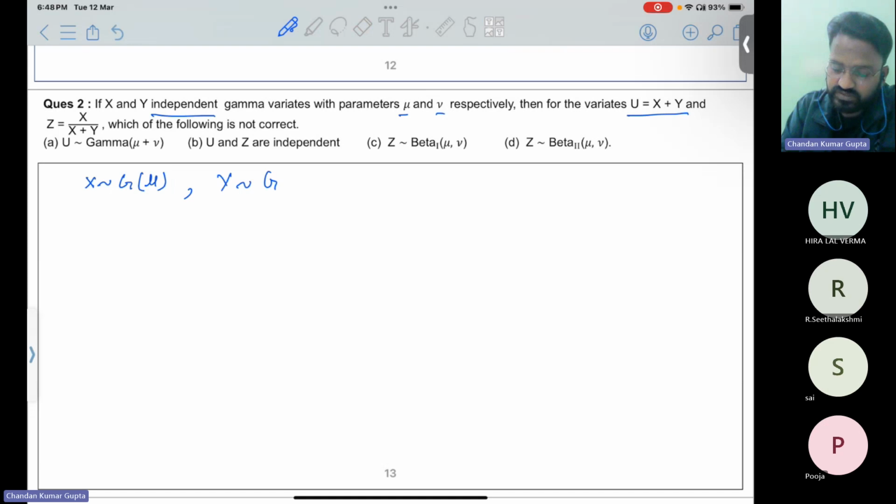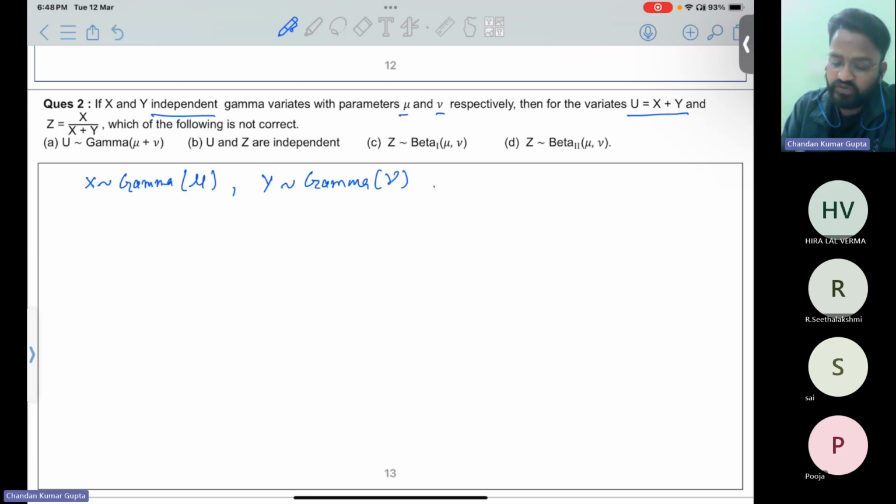And y follows, let me write it, gamma, not c. Gamma mu is a one parameter gamma distribution. And y follows gamma nu.